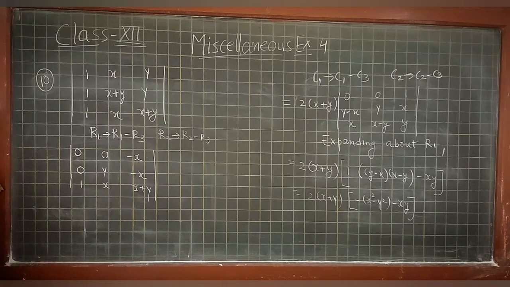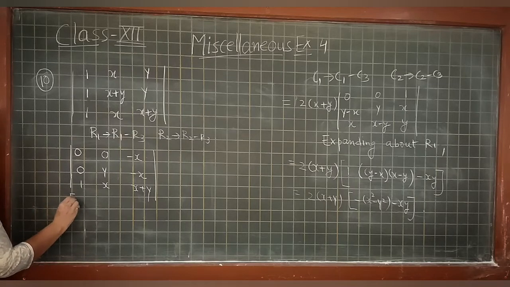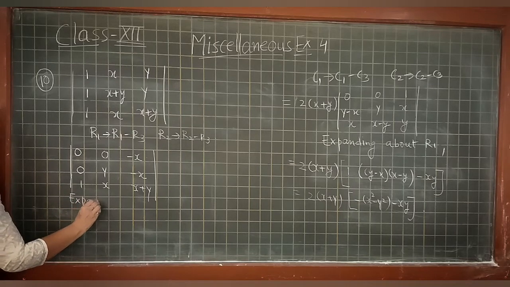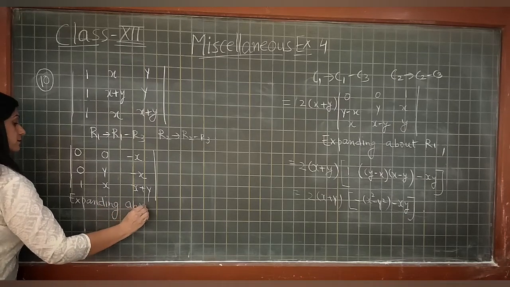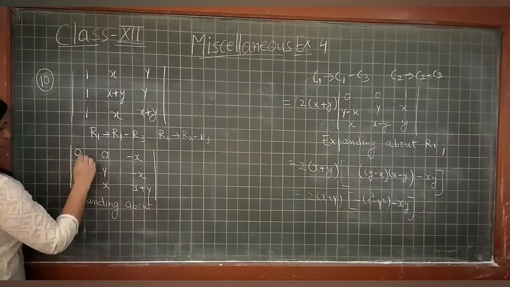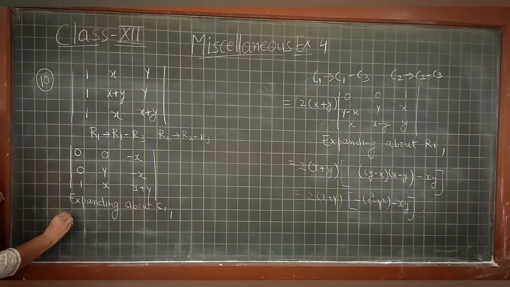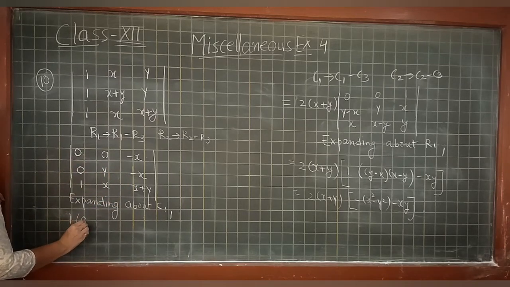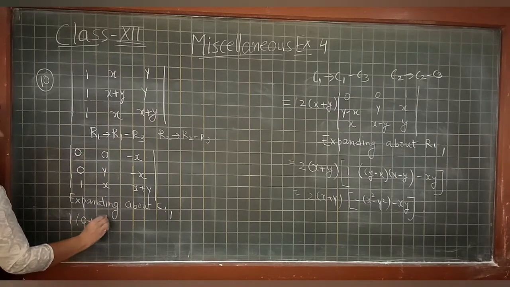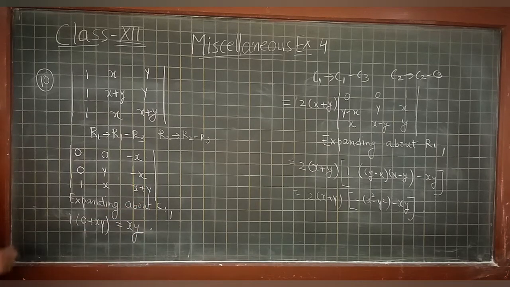Okay, so now expand about either R1 or C1. So expanding about C1, you have 1 into 0 plus xy. So that is equal to finally xy. Okay, is it clear?